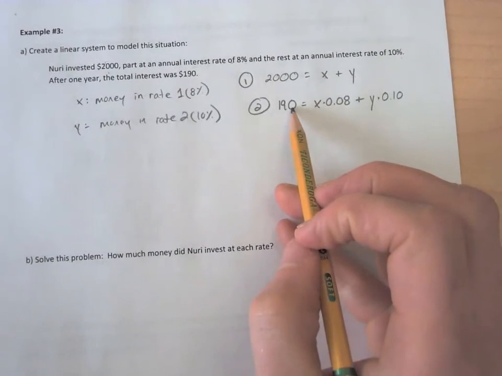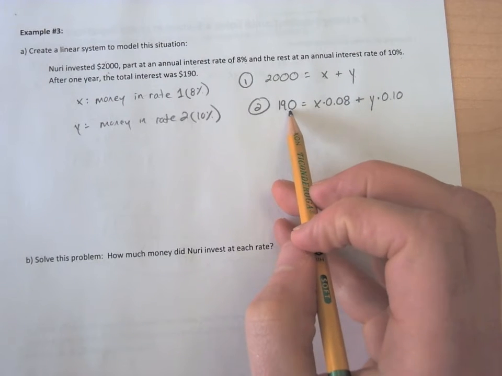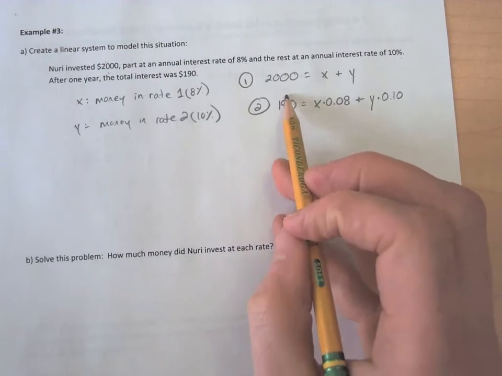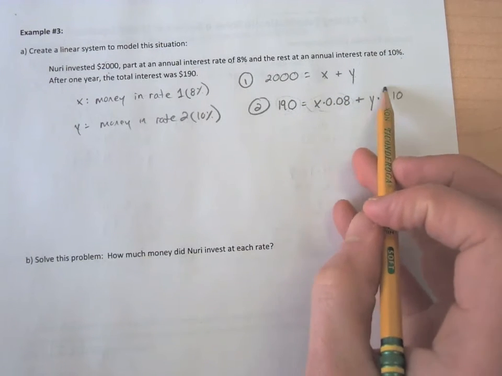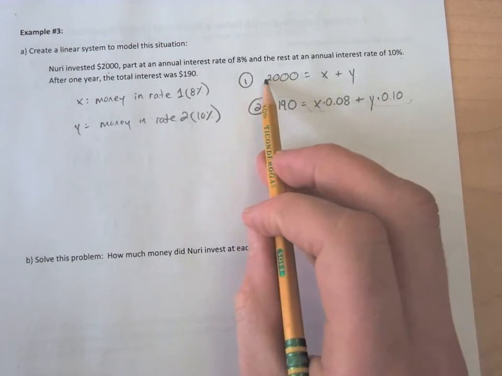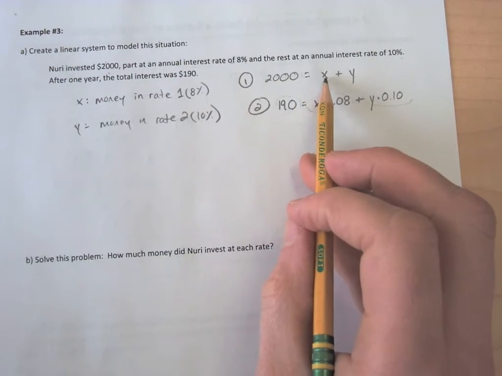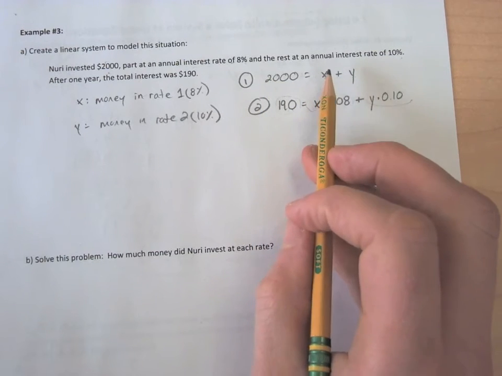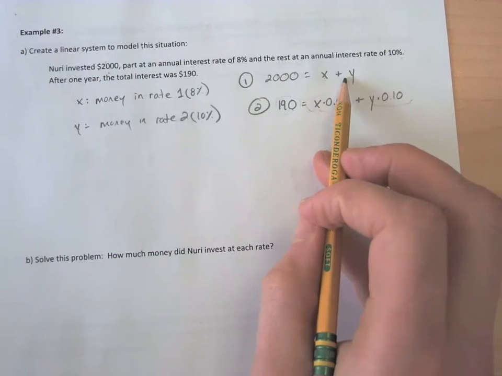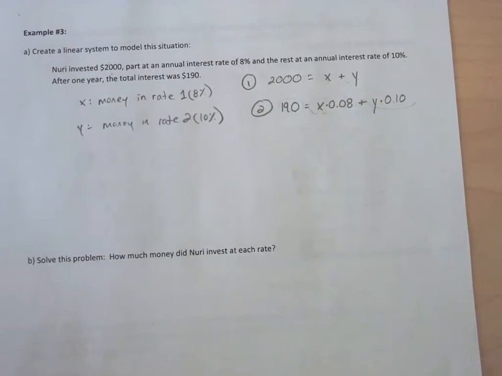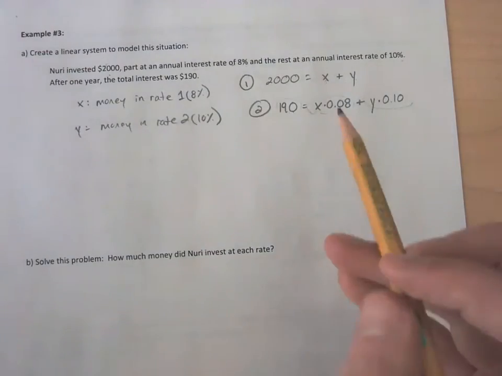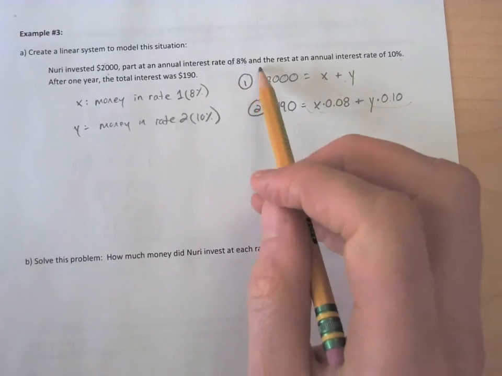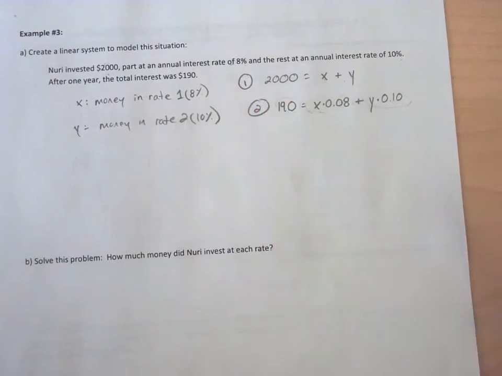The money you earned is equal to the amount you earned at the first rate and the amount you earned at the second rate. The amount of money you invested is equal to the amount invested in the first rate and the amount invested in the second rate. This is a very hard thing to get used to. You just need lots of practice to bring it from these word problems to those equations.